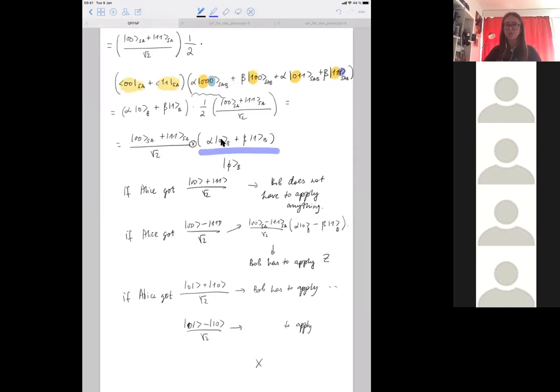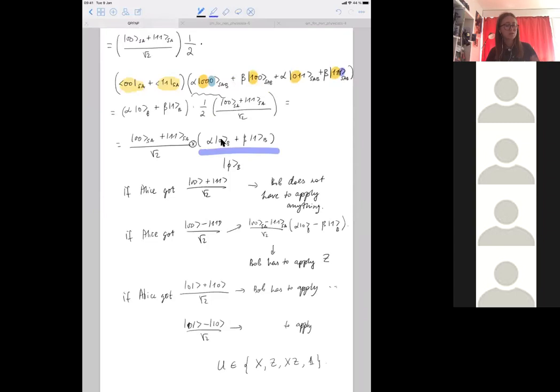The operations that we're looking for, the U that he has to apply, are contained in the following set: X, Z, and identity. You just have to write down which operation corresponds to which result that Alice gets. And then you will completely understand this teleportation protocol that exists in quantum information.